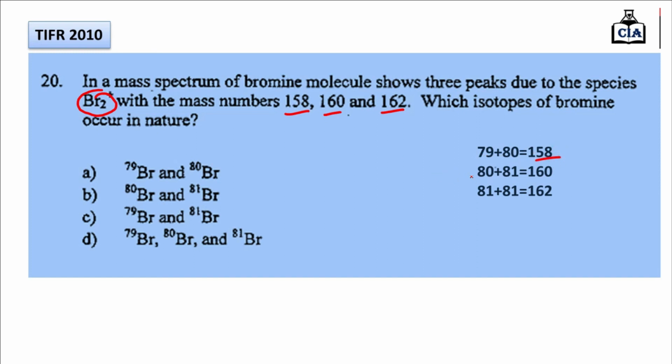If we take isotopes 79 and 81, then the summation will be 160. If we take both 81 isotopes, then the value will be 162. So the bromine atoms present in the Br2 plus molecule are all these 3 types of isotope: 79 Br, 80 Br and 81 Br. So our correct answer will be D.